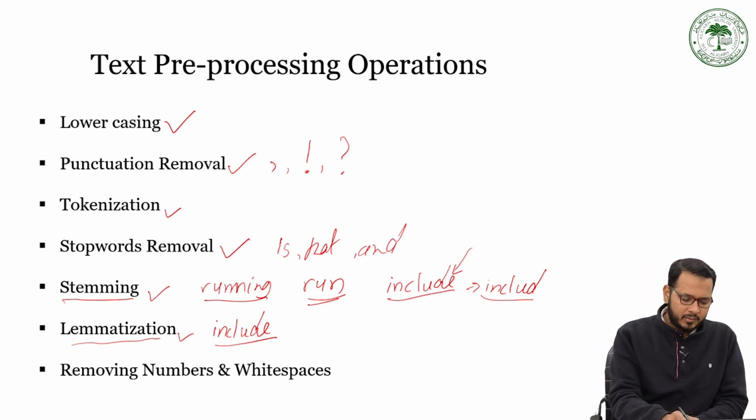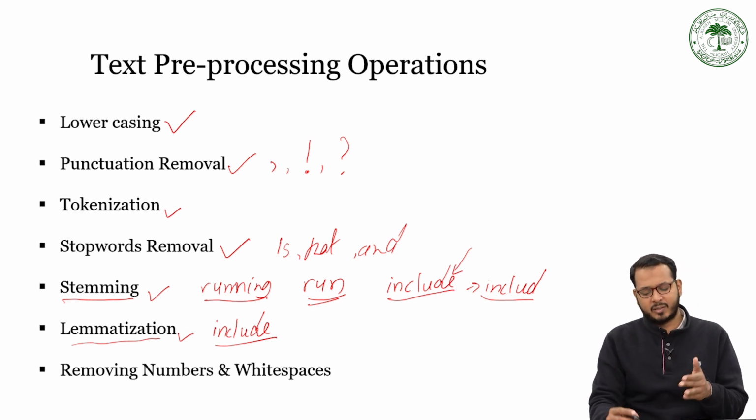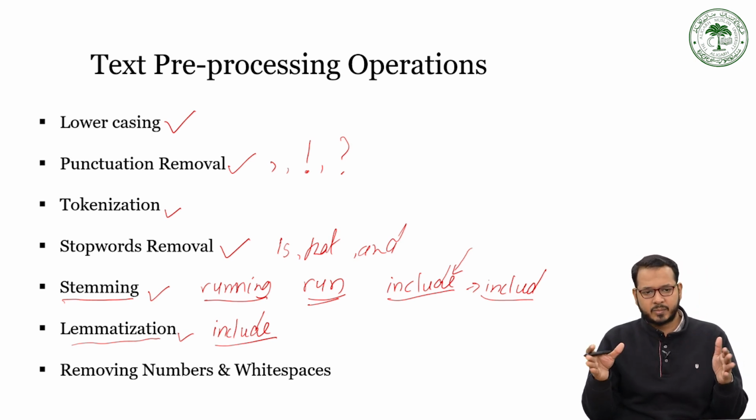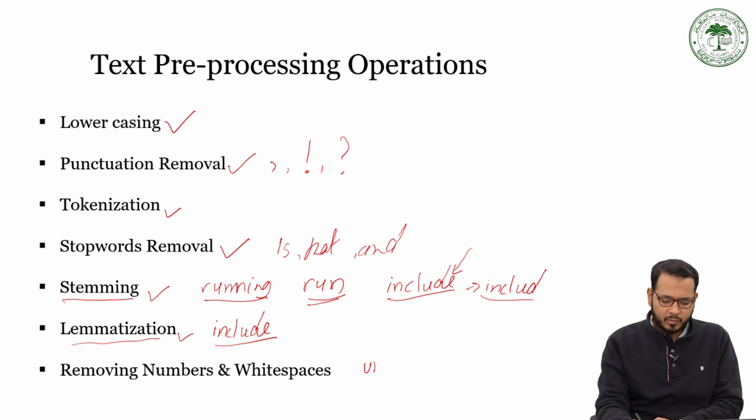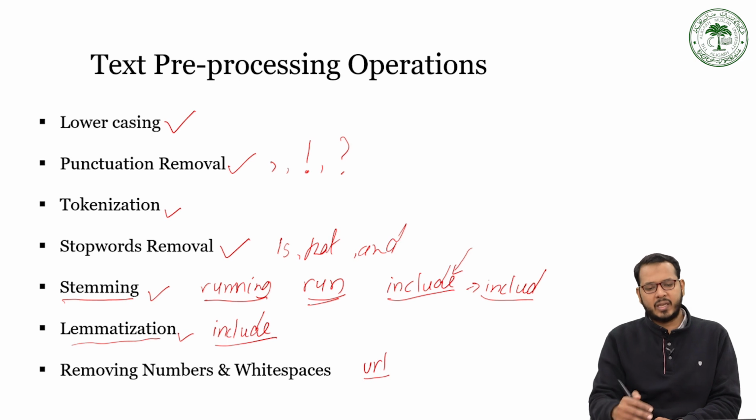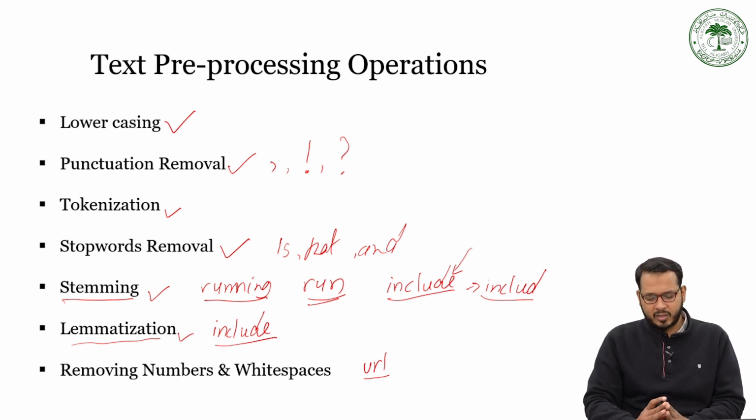Then often in text processing, some numbers appear, so we remove the numbers. Some extra spaces and tabs appear, so we remove them also. Sometimes URLs are also given, the links of some websites, so those URLs are often removed or replaced with some common word, let's say URL address.